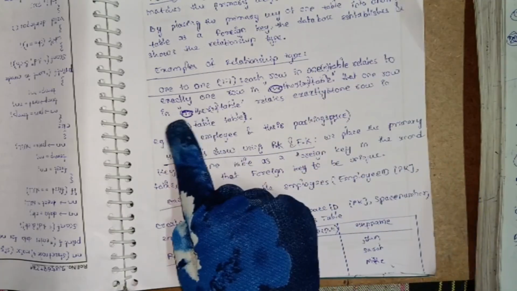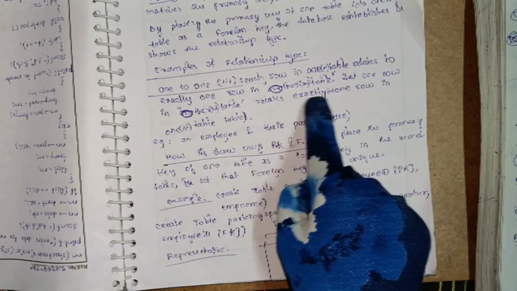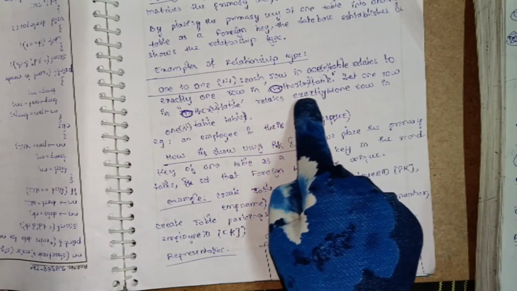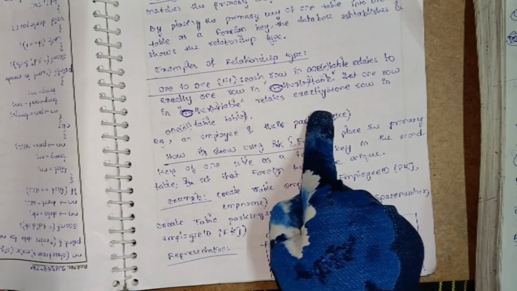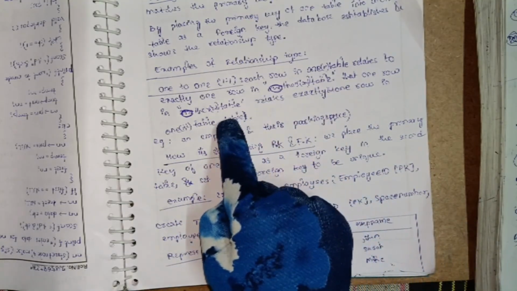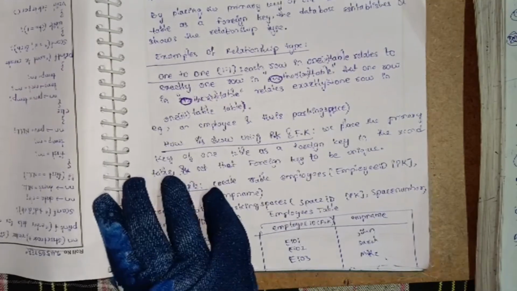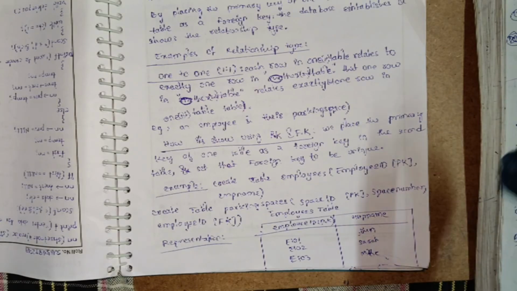And that one row in the second table, this P1, relates to exactly that one row in the first table. So P1 is assigned only to this employee E1. Other than him, no one can park a car at that place.